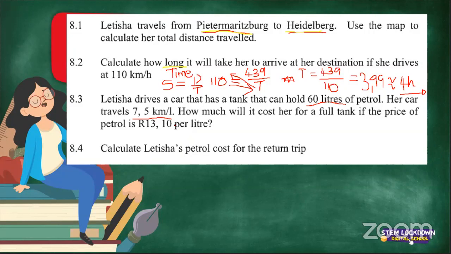Okay, let me give you guys again a minute to do this one, because we're working together. Capacity is 60 liters. So that means on a full tank of 60 liters, how much will it cost her? How much will she spend on 60 liters?